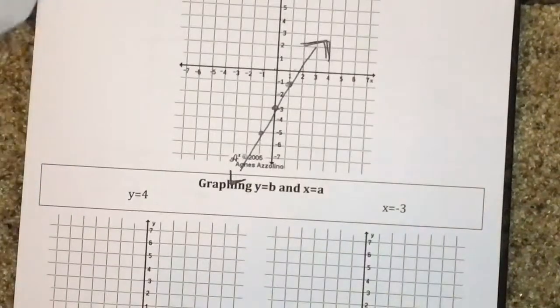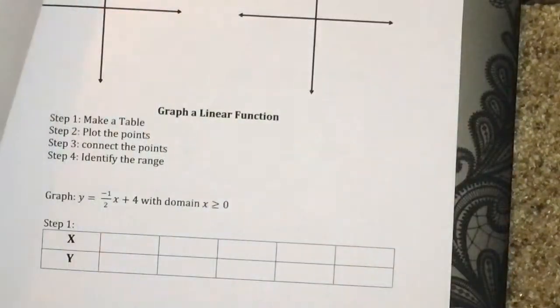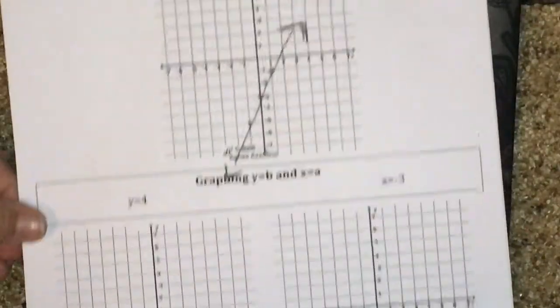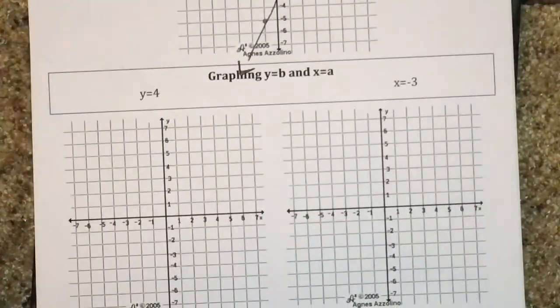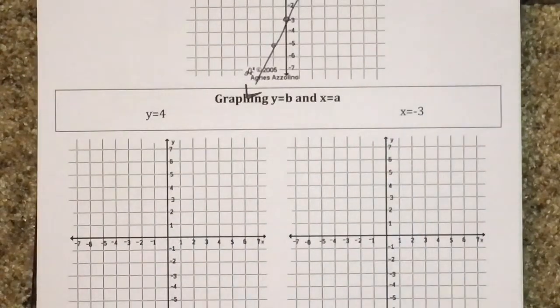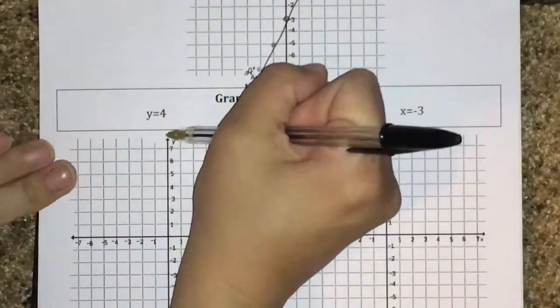Now graphing lines y equals b and x equals a. These ones are rather simple. Anytime you have something like y equals a number, you're going to go to the y-axis.